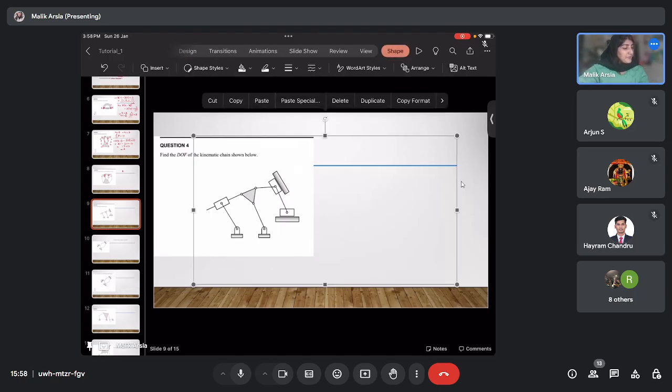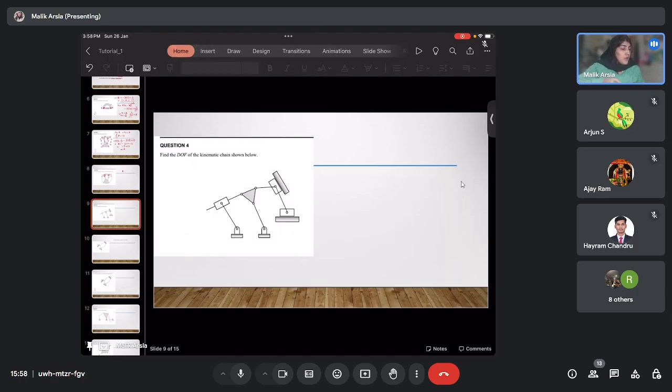So see, first we start with calculating the number of links. So what is the number of links here? Tell me. You can unmute yourself and tell me, I want to see where you are making the mistake. So the number of links is what?